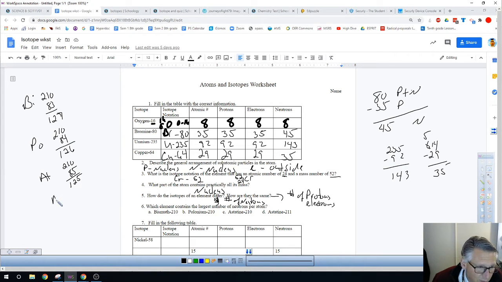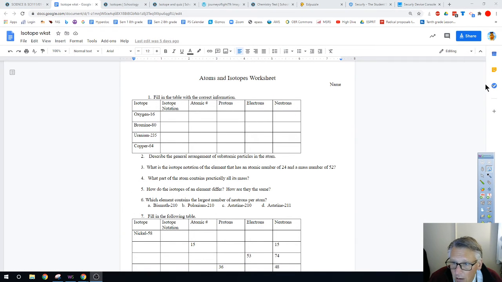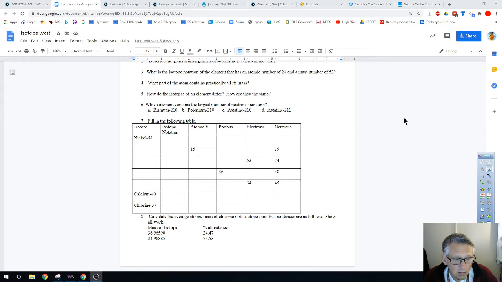And astatine 211 minus 85, that would give us 126. So which one has the largest number of neutrons? That is going to be bismuth. Okay.